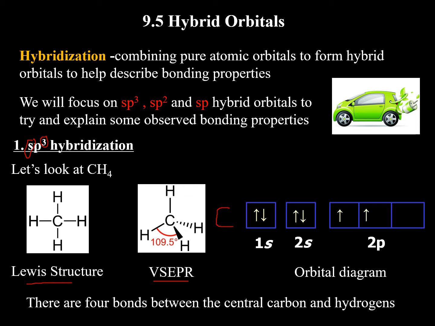But here, we only have 2 available orbitals, which have 1 electron each to make a bond. But as I said, we have 4 bonds. So the electron here will jump over here. And now we'll have 1, 2, 3, 4 available orbitals to make the 4 bonds with the hydrogen 1s electrons.